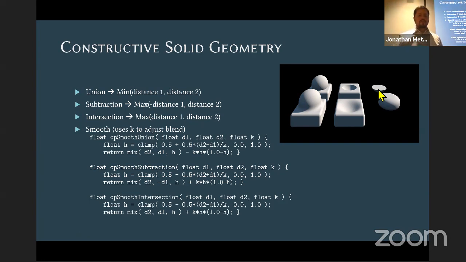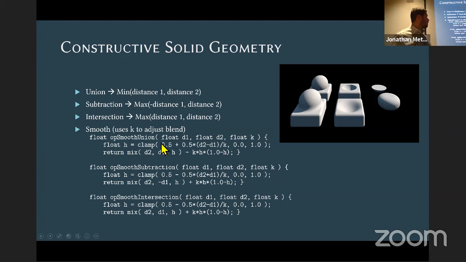Now there has been some work to make these work in a smooth way. So in this image, we have a hard union, subtraction, or intersection, but smooth kind of works a little bit like blobs, right? We haven't really talked about blobs, but they work in a similar method. And the idea here is that as the signed distance functions get closer and closer together, we blend between the two, and we can see that here.